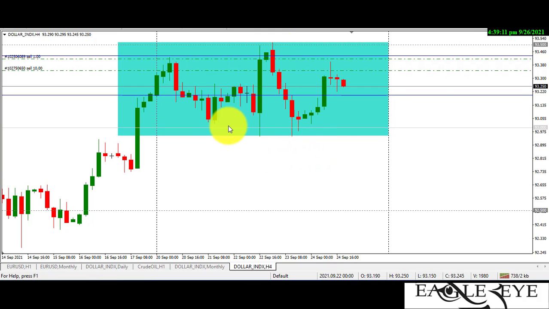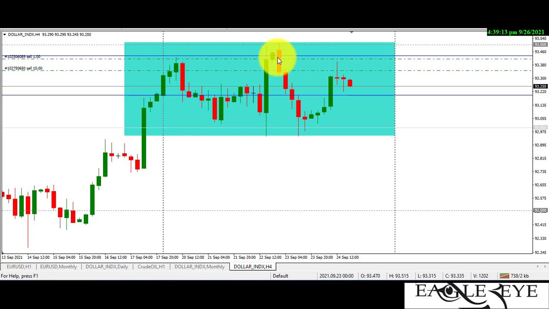So as it is right now, I'm waiting for these lows to be broken, then probably this low. Then I'll wait for a pullback, a retracement of at least 50% of the range for that particular expansion downward.